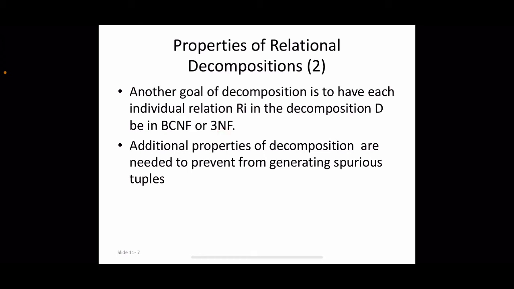Individually each relation should be in BCNF or third normal form. Then additional properties of decompositions, like no spurious tuples should be generated and functional dependencies should be preserved. All these conditions also should be met. So we have to preserve all the attributes, none should be lost when we decompose the relation, each individual relation should be in third normal form or BCNF, and these relations together should satisfy the lossless join property and the dependency preservation property.